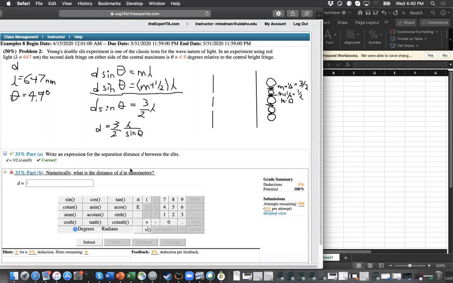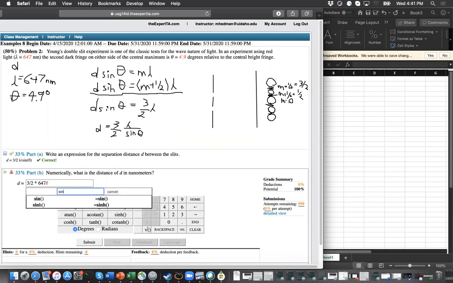Numerically, what's the value of d in nanometers? Well, we can figure that out. Notice lambda's already in nanometers. So if we just stick in the numbers, 3 divided by 2 times 647 nanometers over the sine of 4.9, and it's in degrees.